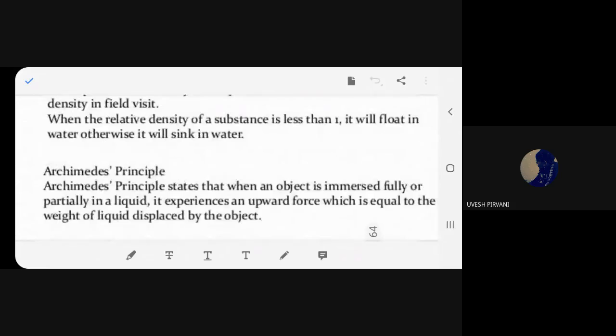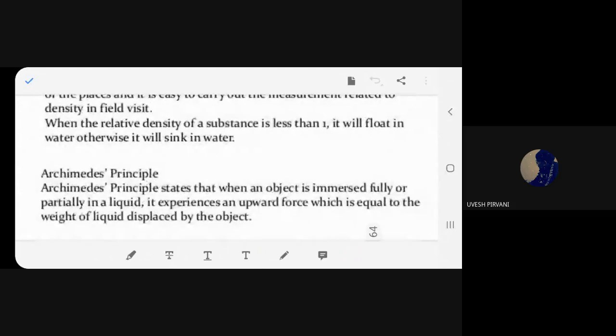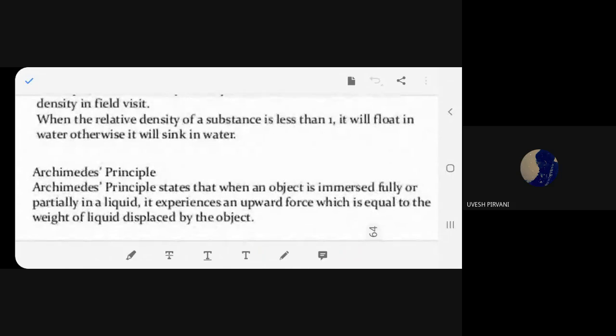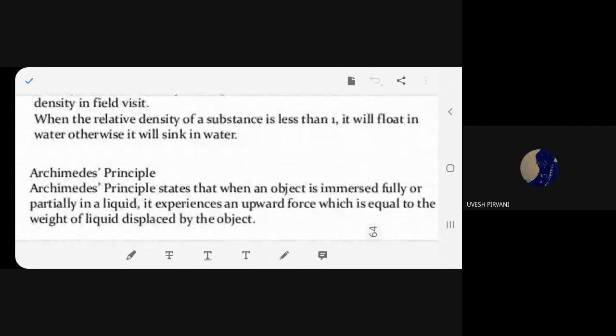On this basis, we are going to read some fundamental properties of water. First one is Archimedes principle. Please read.